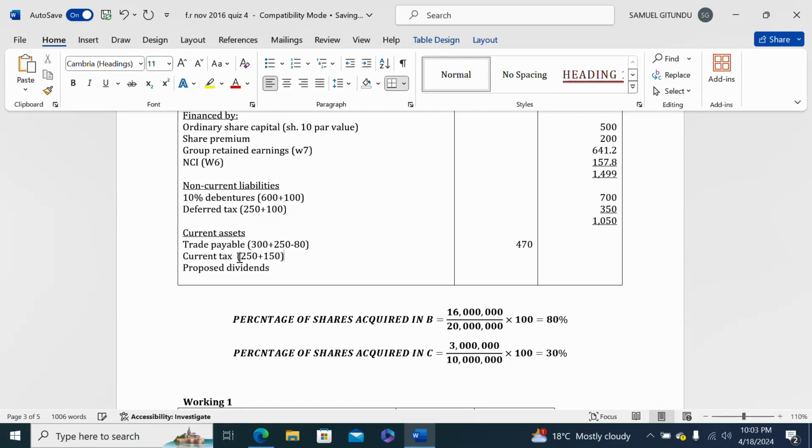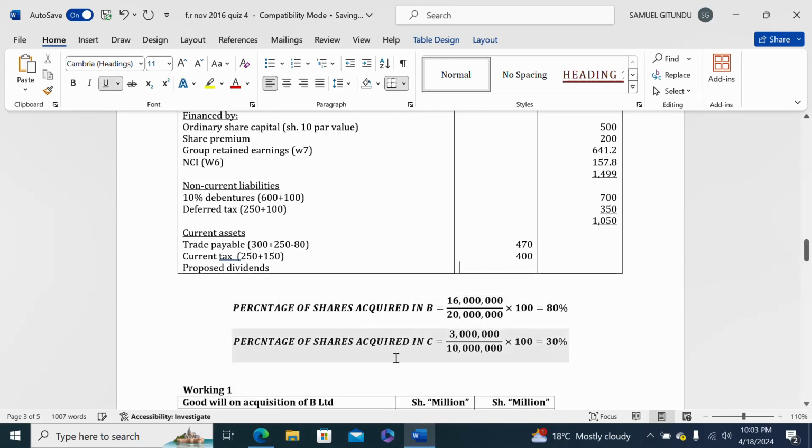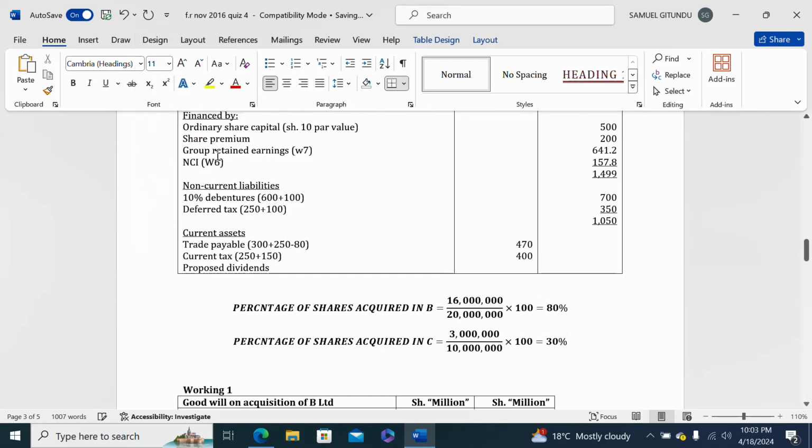So if you add that together, you are getting your current tax as 400.